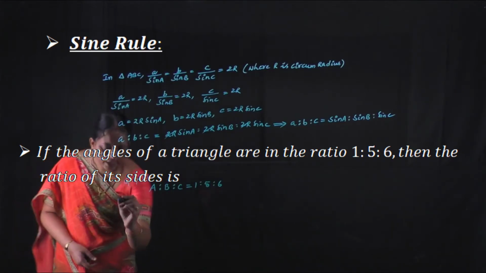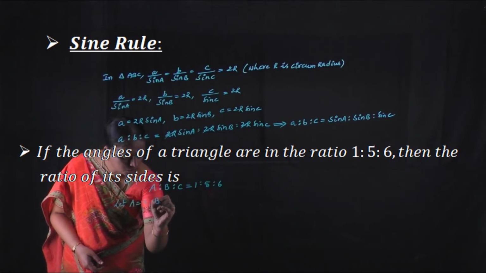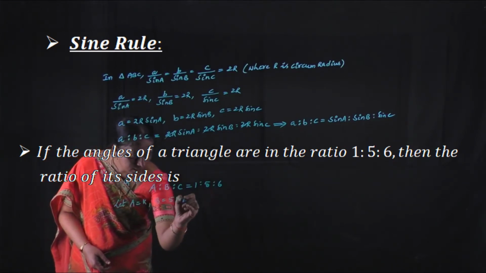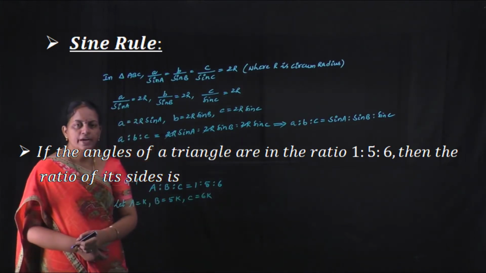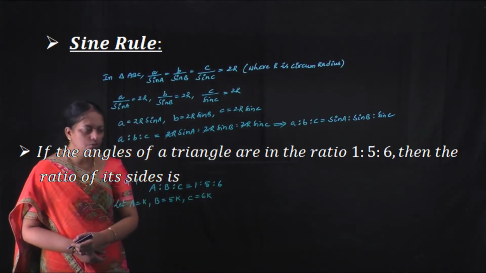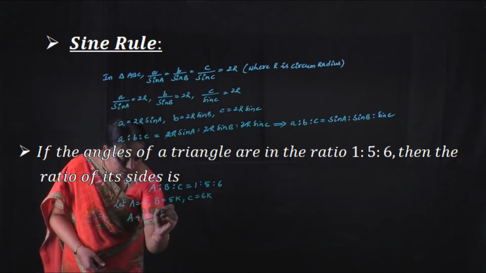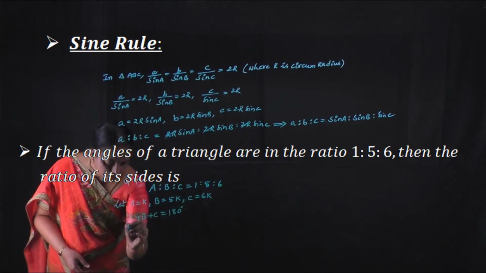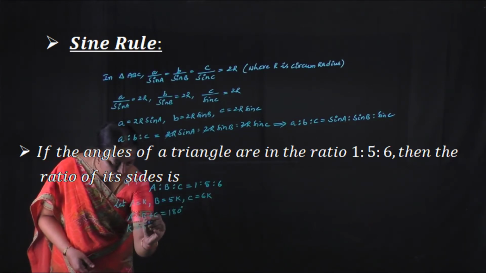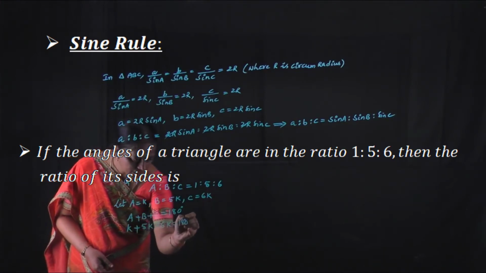Let A equal to K, B equal to 5K, C equal to 6K. And we know that sum of angles in a triangle is equal to 180, since A plus B plus C equal to 180.